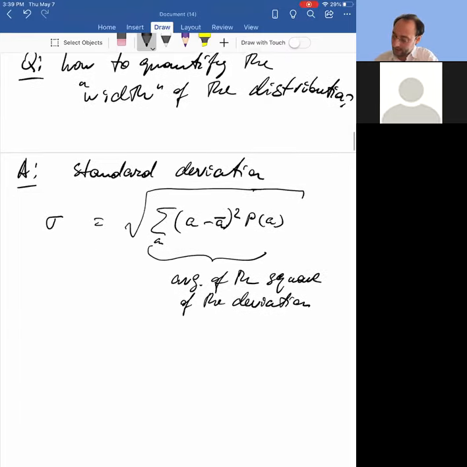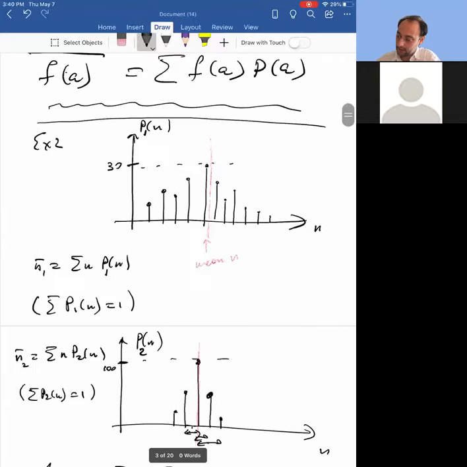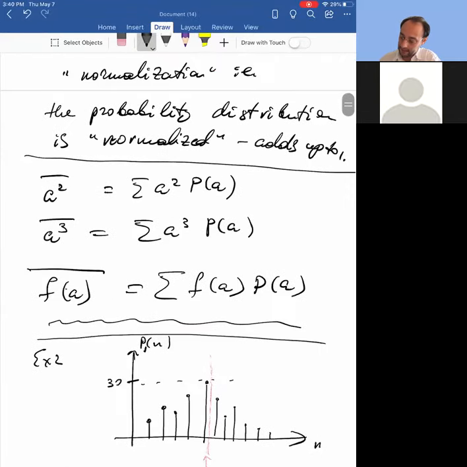Now the quantity, if I ask you what's a shorthand notation for this quantity right here? Go back to this thing right here. It's the mean of the thing that sits here.